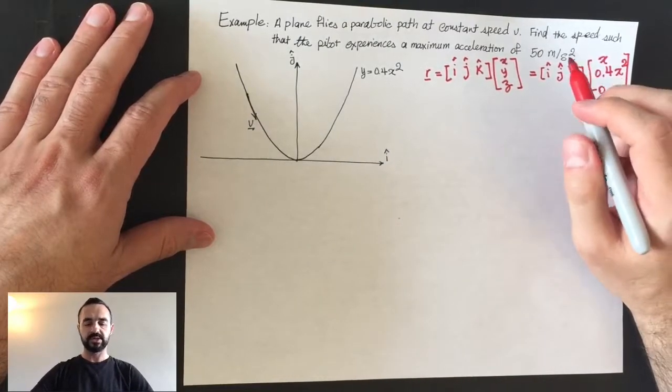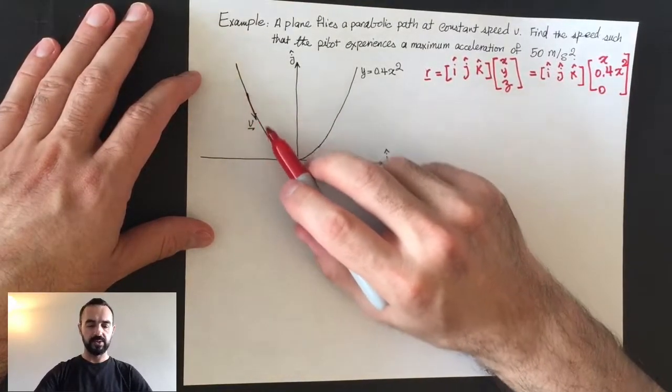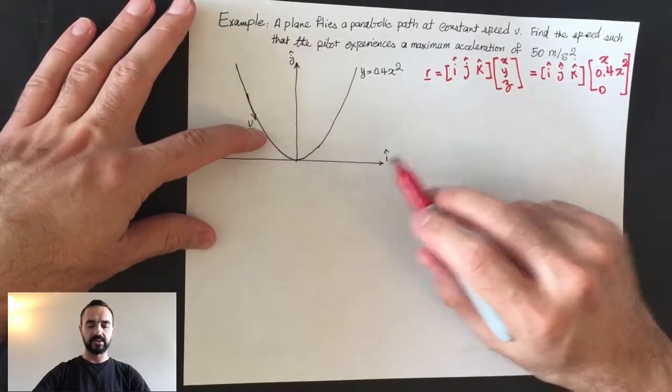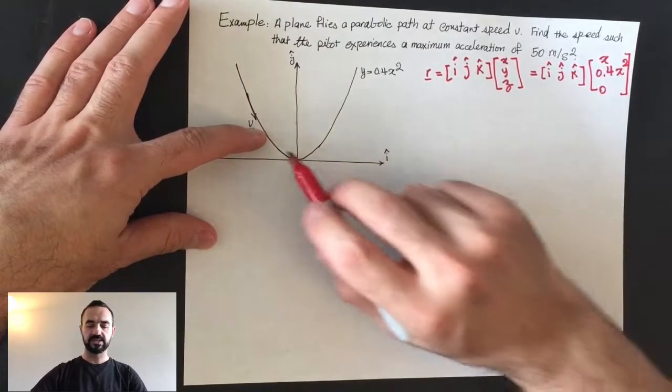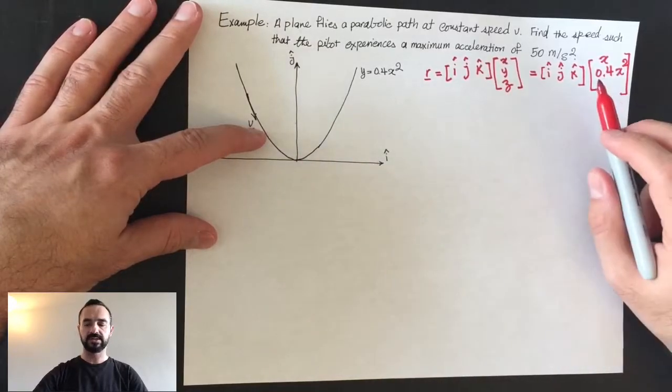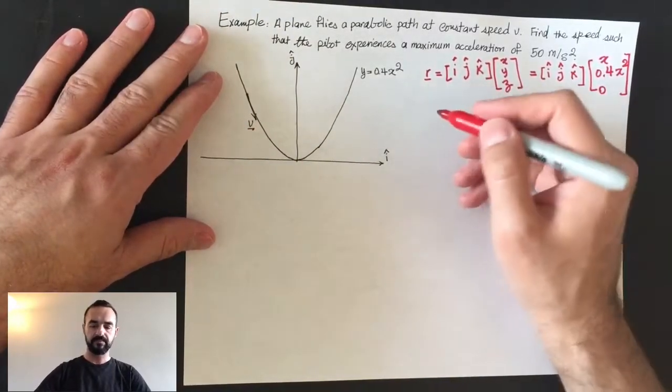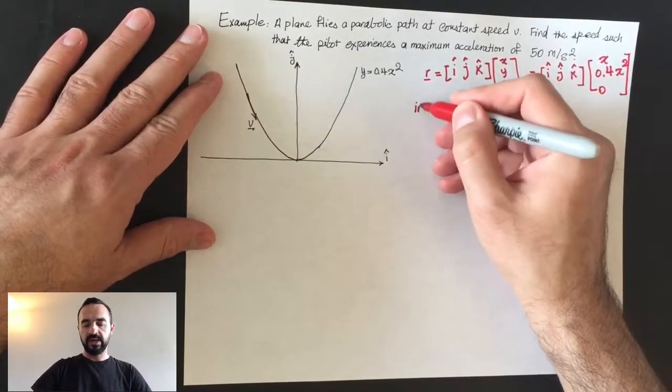In other words, for any point on this path, the x component is equal to x, the y component is equal to 0.4 x squared, and the z component is equal to 0.